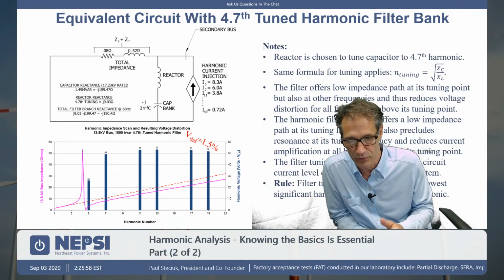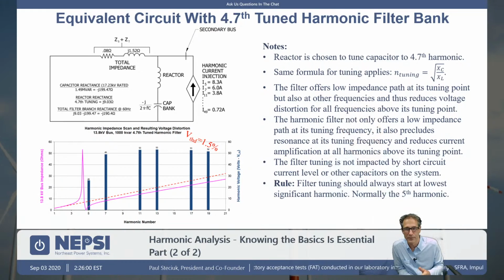We're looking to control resonance by using the tuning point. We're controlling where it occurs by using the tuning point. And this is the fundamental principle of harmonic filter design, is to determine, well, where are my harmonic filters, and then to put the tuning points such that the resonance that's created by that filter is below any major harmonics or between major harmonics.